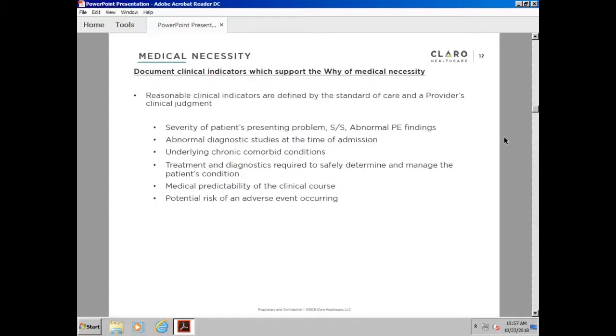My understanding on CMS is there are some things which are inferred. You don't have to specifically state it in the documentation, but a person comes in with substernal crushing chest pain that radiates into the shoulder, and their troponin is 0.5. I don't have to document that I'm concerned about acute coronary syndrome because the documentation speaks for itself.